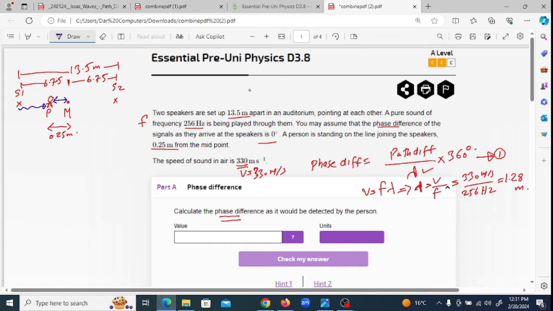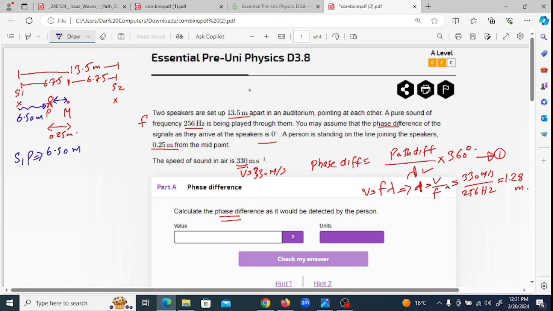So this distance from S1 to person P is 6.50 meter.